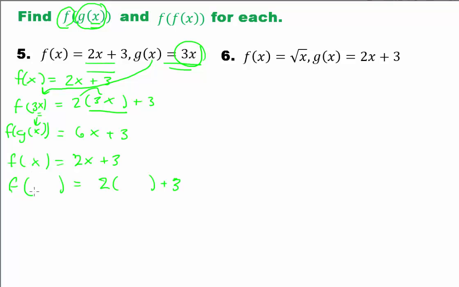Well, f of x is equal to 2x plus 3. So I'm going to replace the x with 2x plus 3. And in doing that, I'm then going to simplify. So it'll be 4x plus 6 plus 3, which is 4x plus 9. So that is f of f of x.